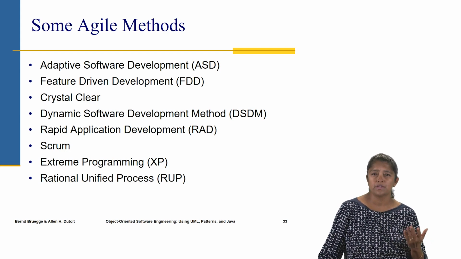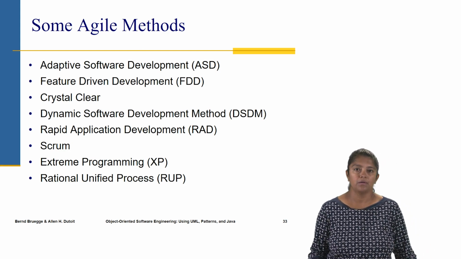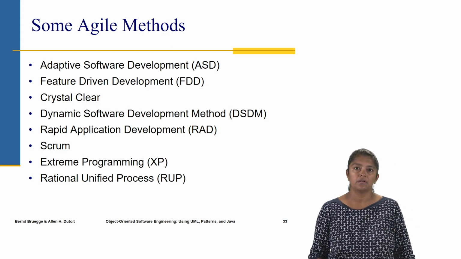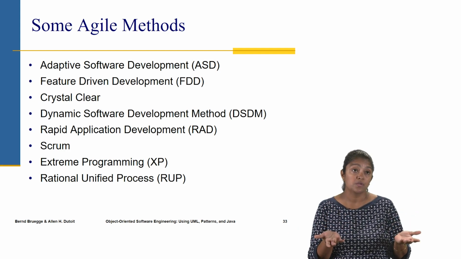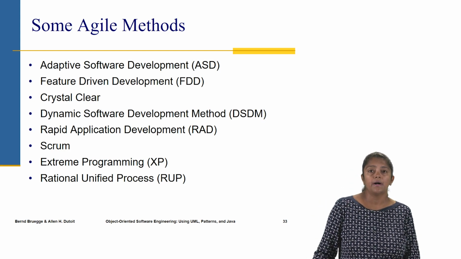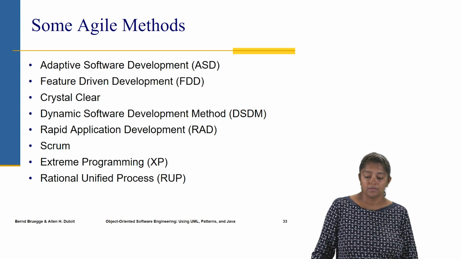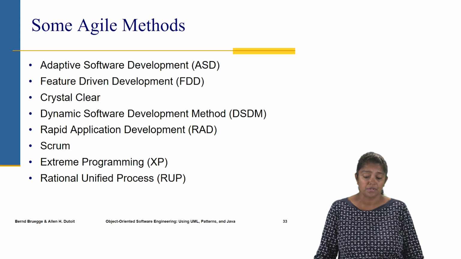Rapid application development is popular, where the idea is to quickly put components together and form the application. Putting the components together might also mean bringing in some third-party software. Scrum is very popular. We will look more into that in other software engineering courses.